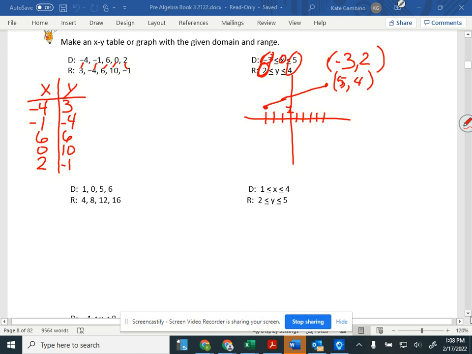You use the last two numbers, our last x and y, to make our last pair, and you know that they're going to connect in between. So when we have our inequalities, we're going to be graphing those segments. When we have whole numbers, we're going to be making our function table. Okay?